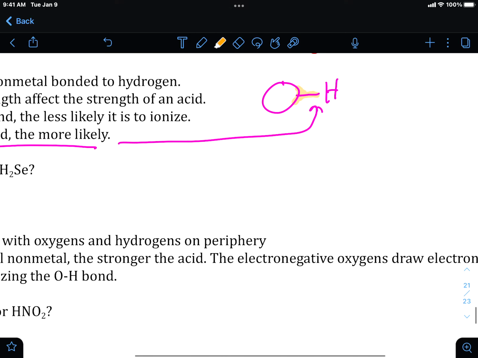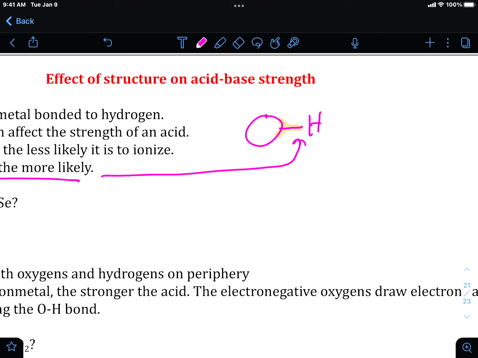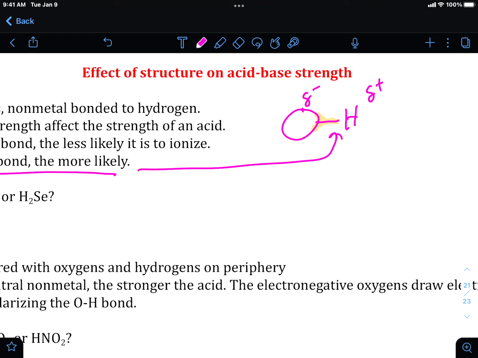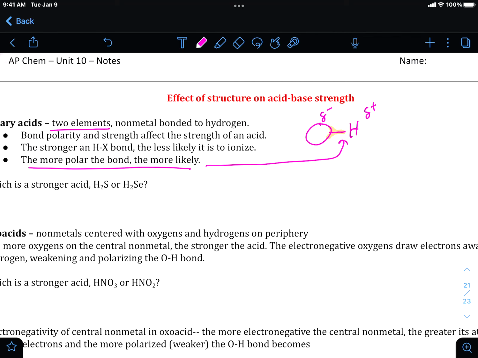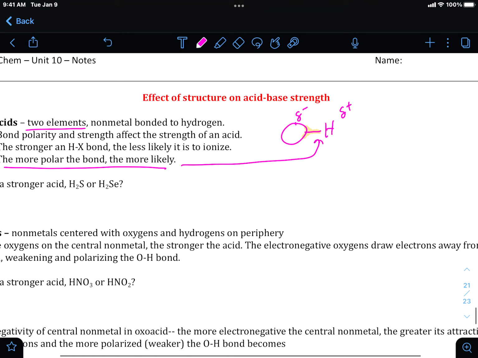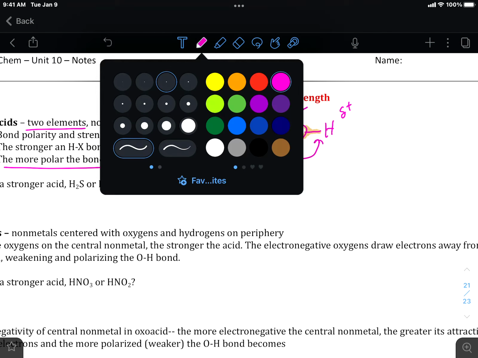So let's say we have a really polar bond. The electrons are definitely more attracted to the nonmetal, and that's generally going to be the case. But it's to the point where when the bond is very polar, it's a weak bond. And the hydrogen is likely to be pulled off by something else like a water molecule.